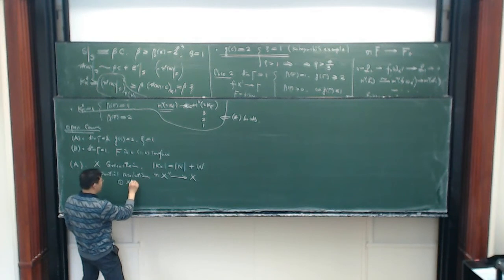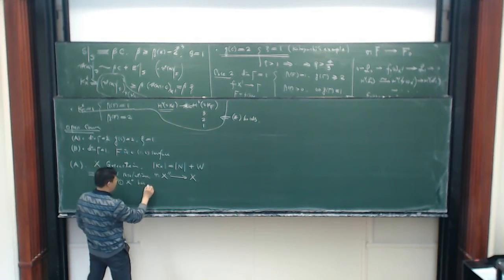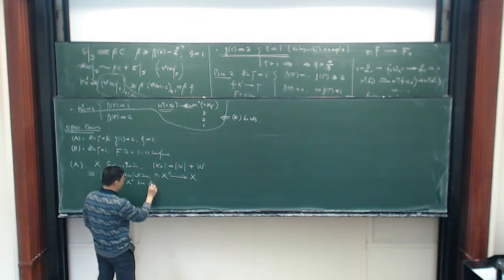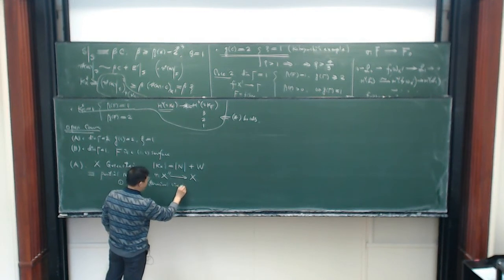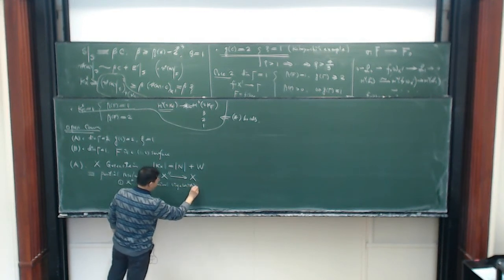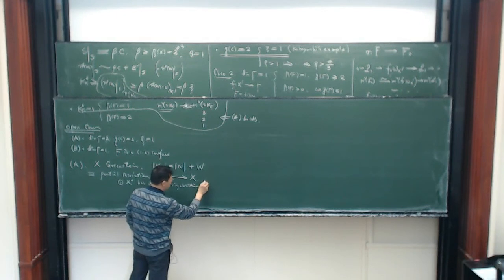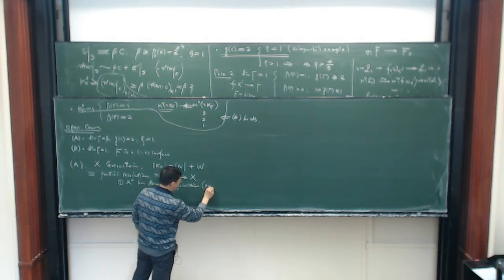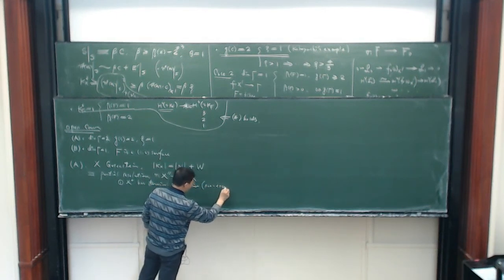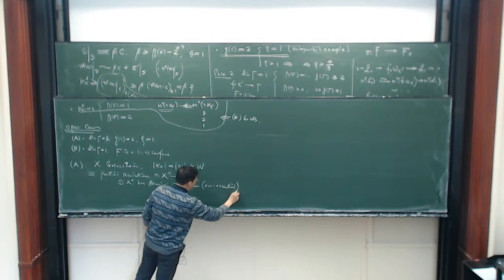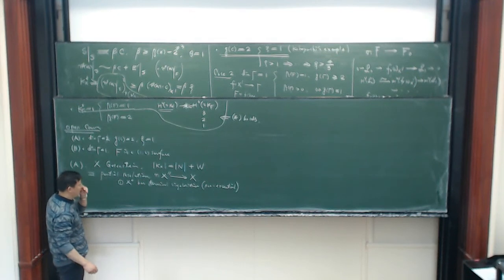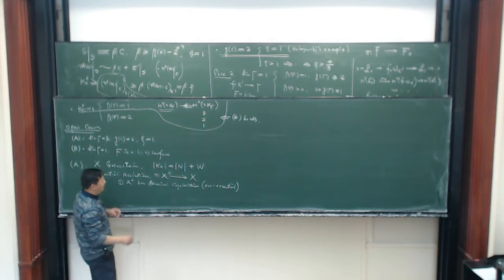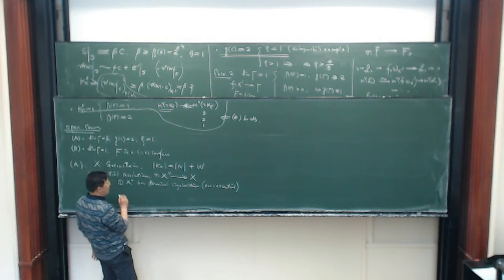So X double prime has isolated terminal singularities. But this terminal singularity is non-essential. What do I mean by non-essential? Non-essential means that the moving part, the singularities are not contained.